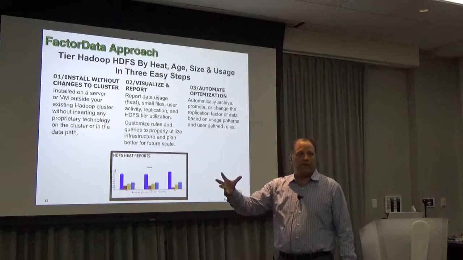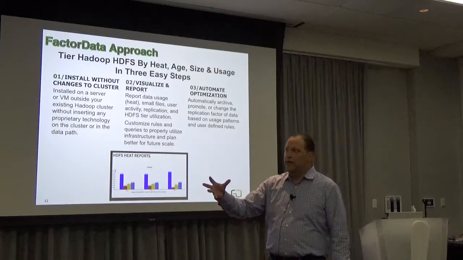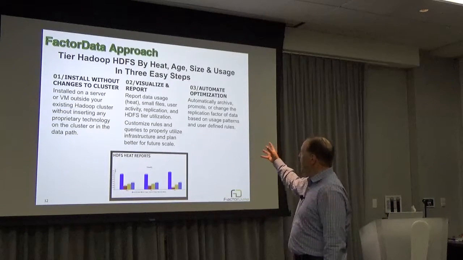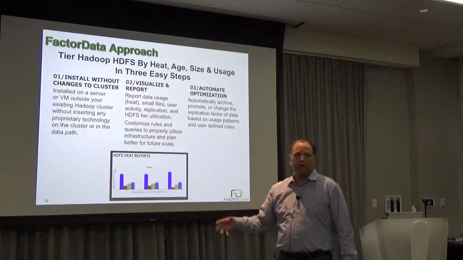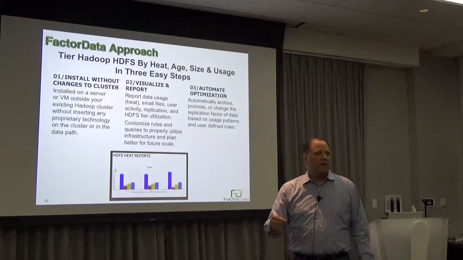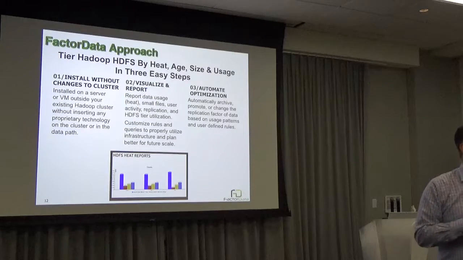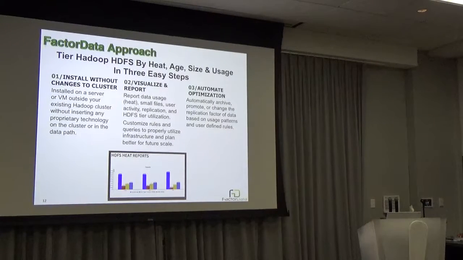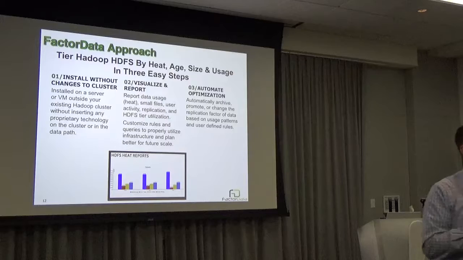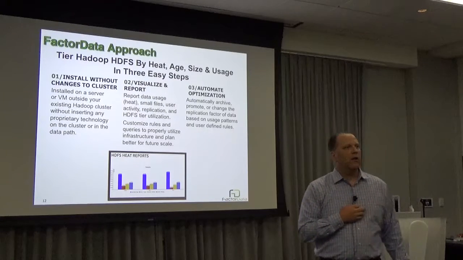And then once we report this information to you, the next step is to allow you to customize rules to say, yes. One question, I'm sorry, go ahead. I'm asking about before slides. As you see, we can categorize the data according to size, age, and so forth.